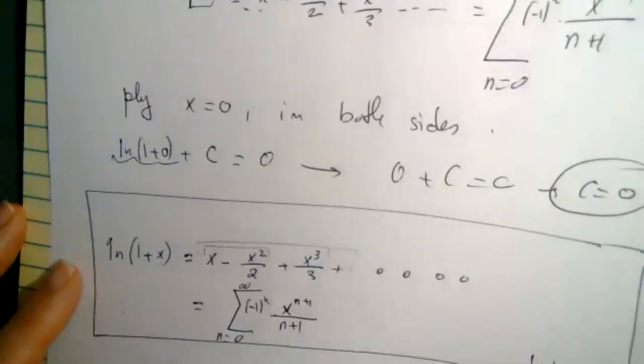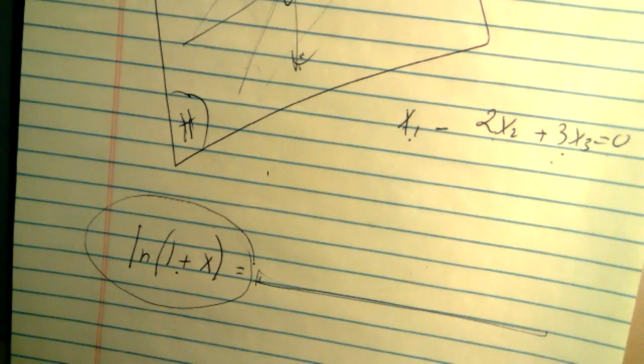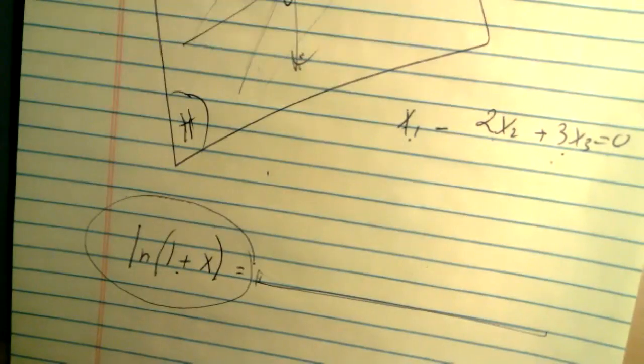Now I can play the same game, and I can find, probably as homework for tomorrow, the power series of arctangent. Suppose I tell you to find the power series of arctangent. It means I want arctangent as a polynomial.